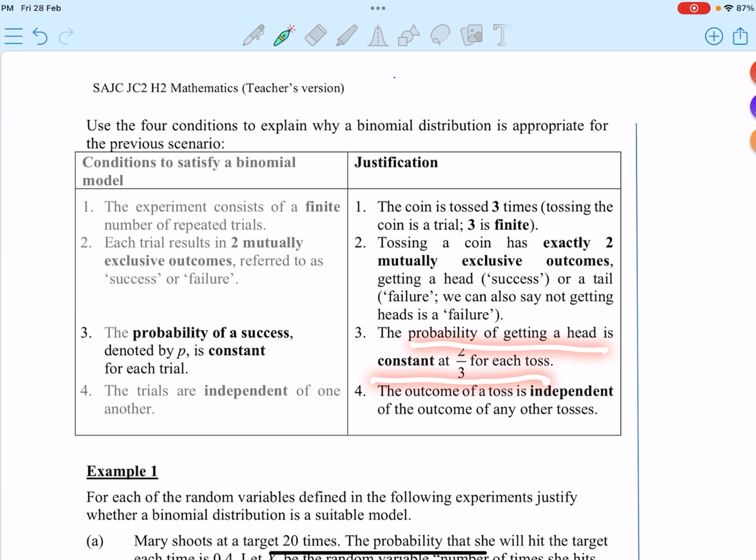When you toss the coin another time, the probability of obtaining a head is also 2/3. And the last one, the trials are independent of one another. We have explained earlier that the outcome of a toss is independent of the outcome of any other tosses, because when you toss a coin once, the probability of obtaining a head is 2/3. When you toss the coin again, the probability of obtaining a head is still 2/3.